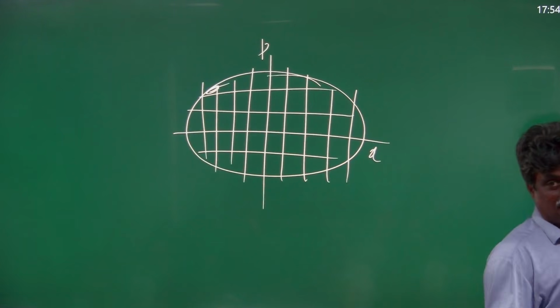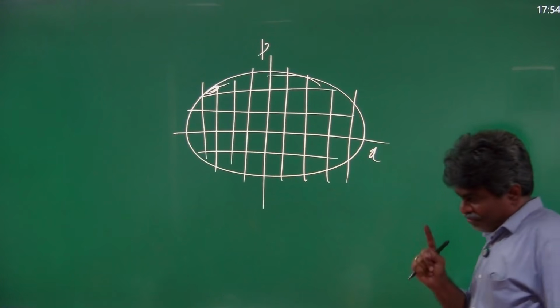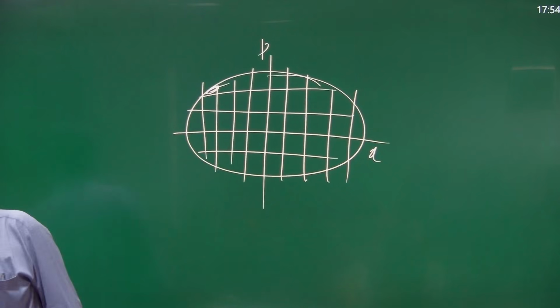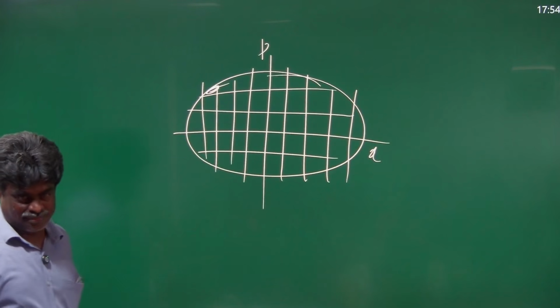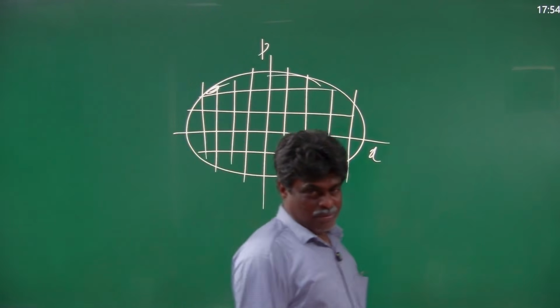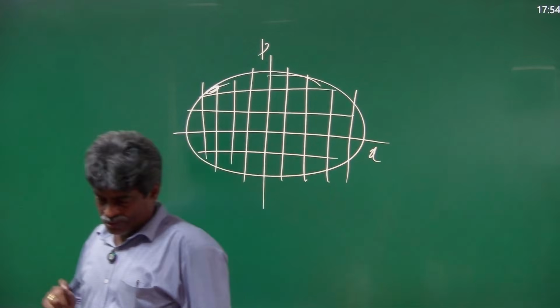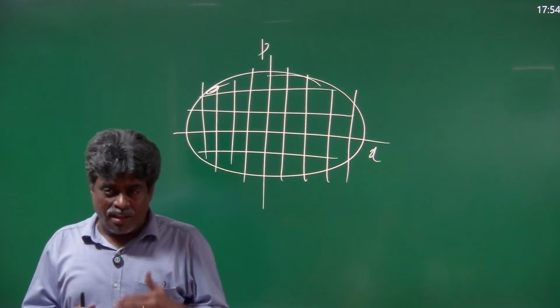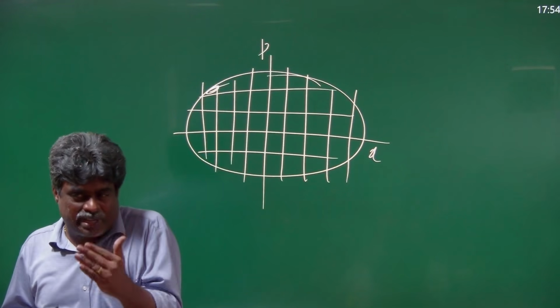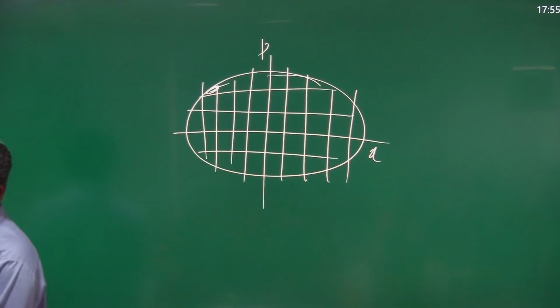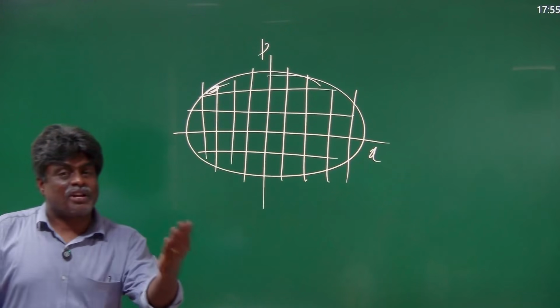The question is, what is the difference between the areas of two elliptical paths in phase space of a harmonic oscillator? H cross omega.